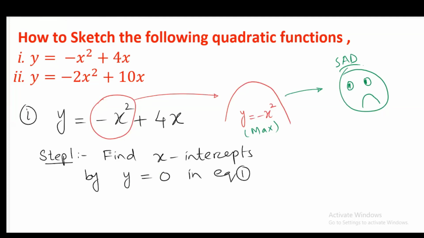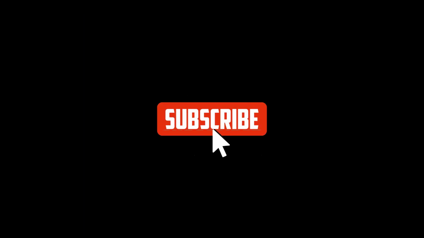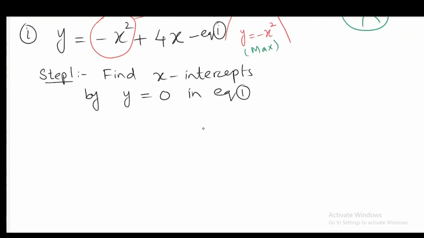So where is equation number one? This is the original equation. Let's suppose this is our equation number one. Copying this equation, y equals minus x squared plus 4x, and replacing y with 0.